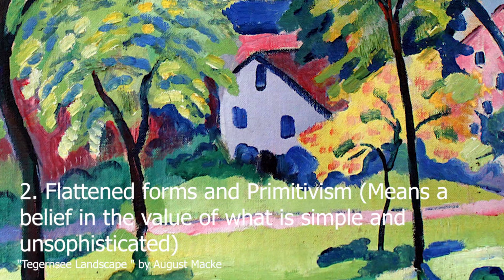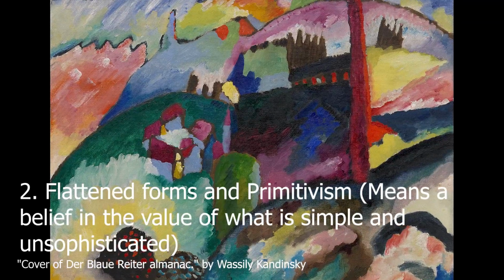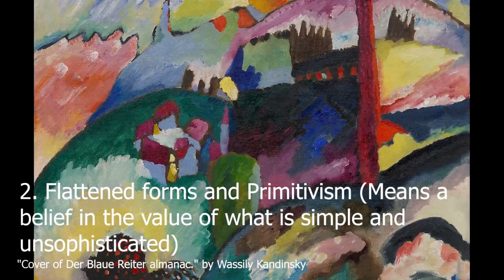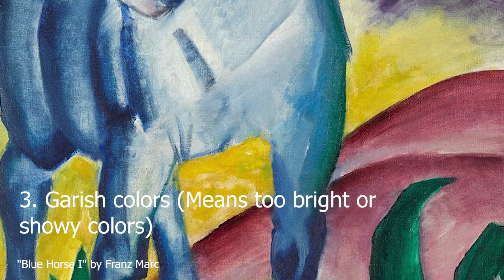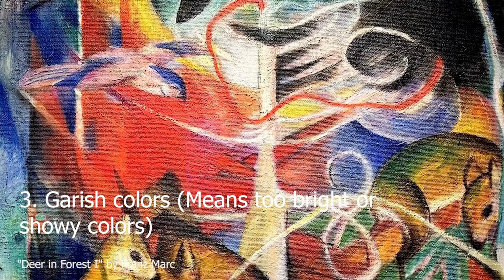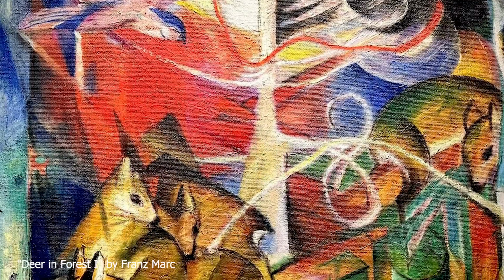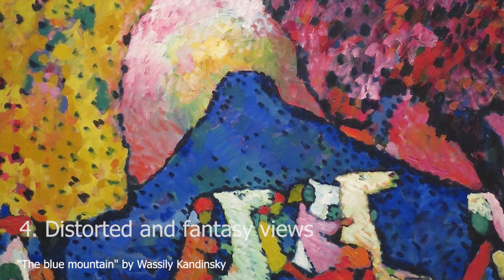Primitivism means a belief in the value of what is simple and unsophisticated, so not super complicated. And there are garish colors, meaning too bright or showy colors, and also distorted and fantasy views.